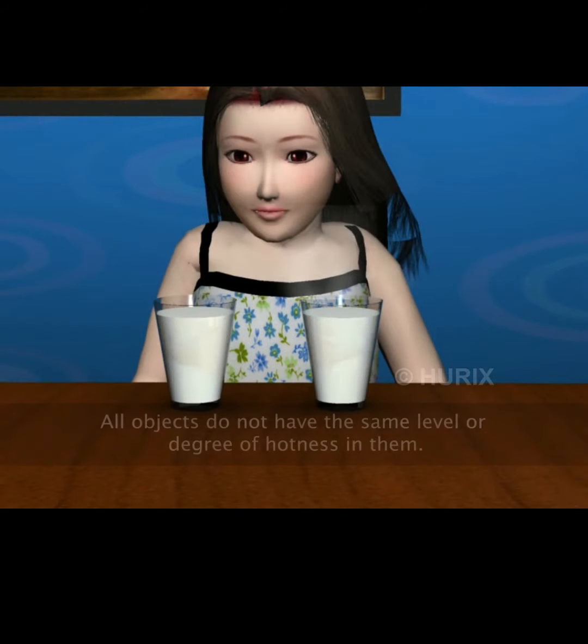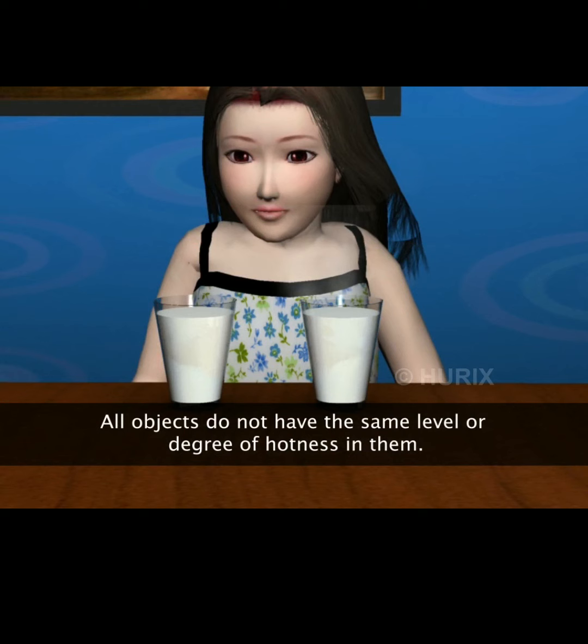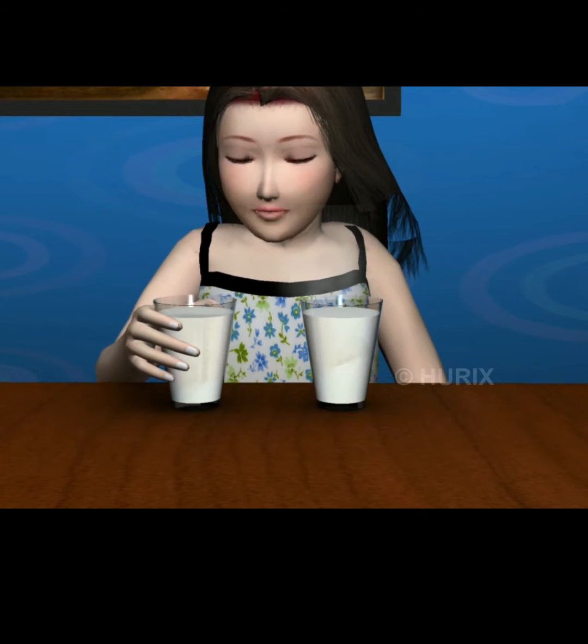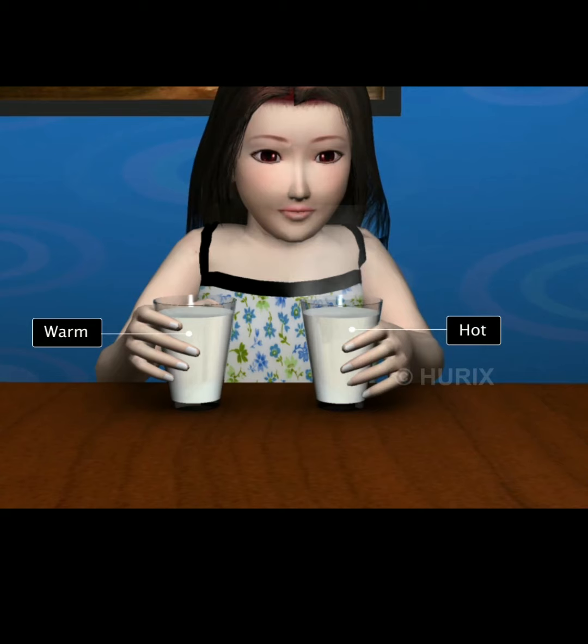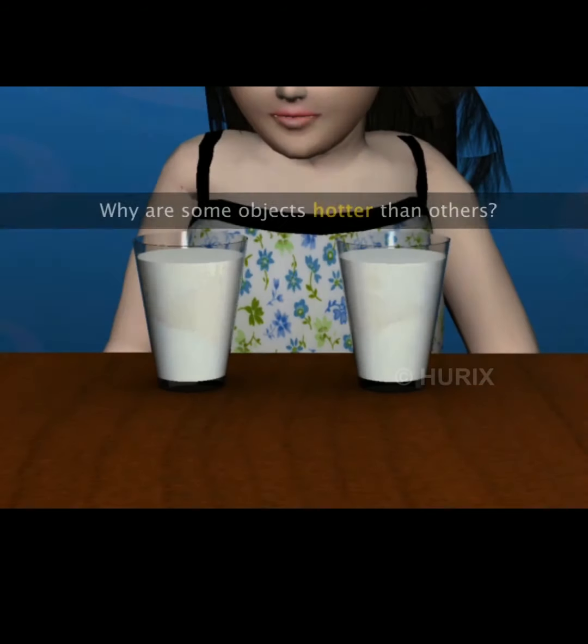Now, we know that all objects do not have the same level or degree of hotness in them. For example, the first glass is warm to touch, while the second is hot. What could be the reason for this difference?